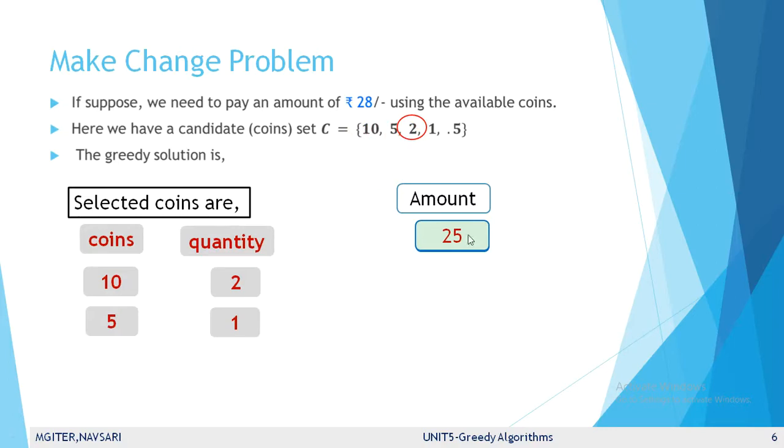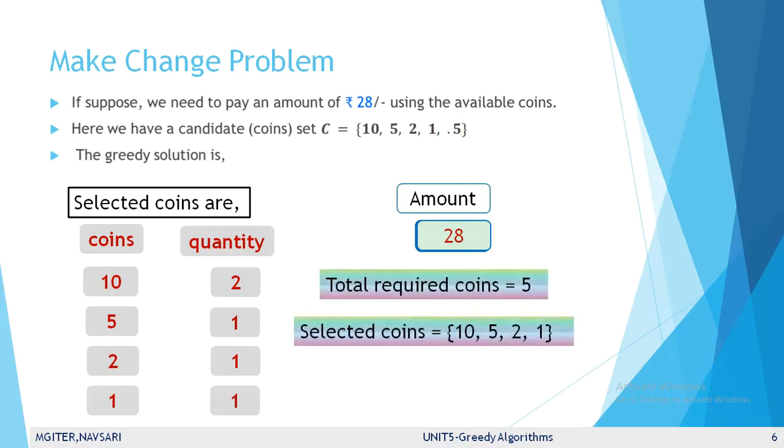So the given total amount is 25 rupees, and then we give the 2 rupee coin in one quantity. So it gives 27 rupees, and after that we give 1 rupee coin, one coin of 1 rupee. So we give the 28 rupees amount, change of 28 rupees.